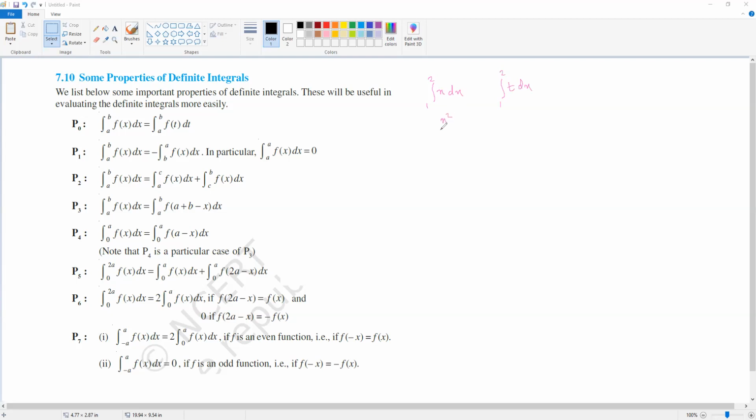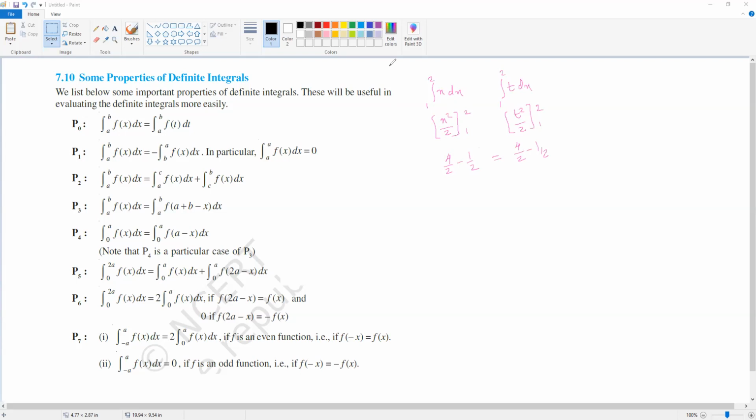So it is x square by 2, we know that, from 1 to 2. This is t square by 2, from 1 to 2. If you give the upper limit, it is 4 by 2 minus 1 by 2. Here also t square by 2 gives 4 by 2 minus 1 by 2. So it is the same.